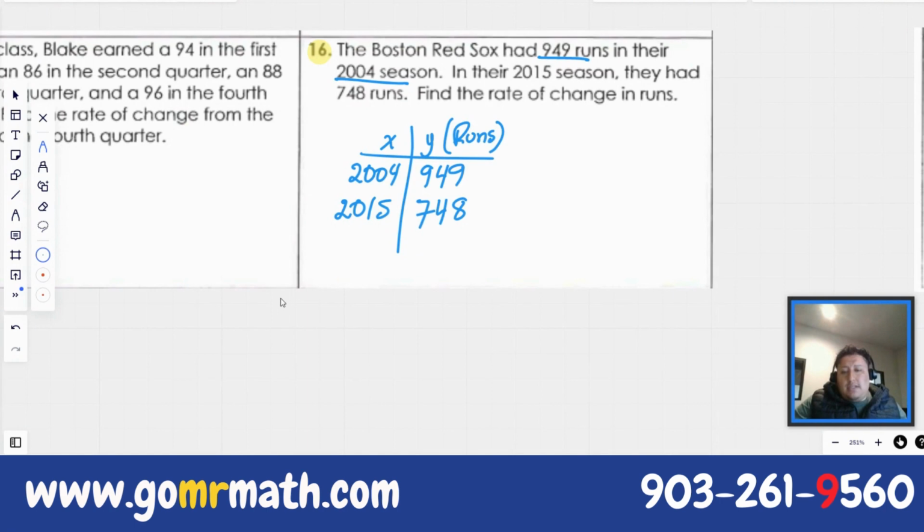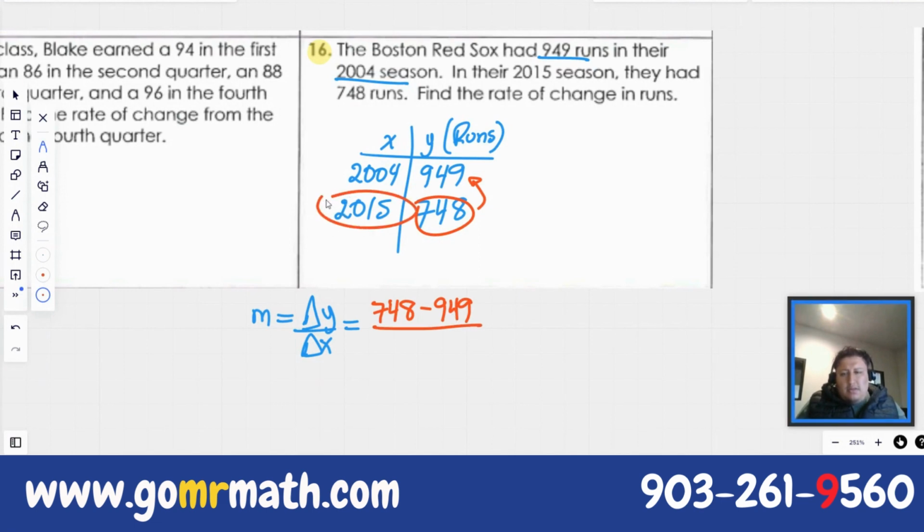So let's calculate again the slope, which is the same as the rate of change, will be equal to the change on y divided by the change on x. So my change on y will be 748 minus 949. And we do the same for the years, 2015 minus 2004.